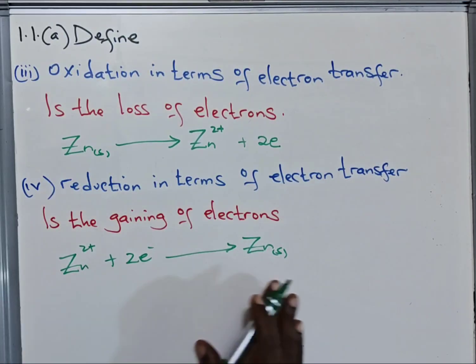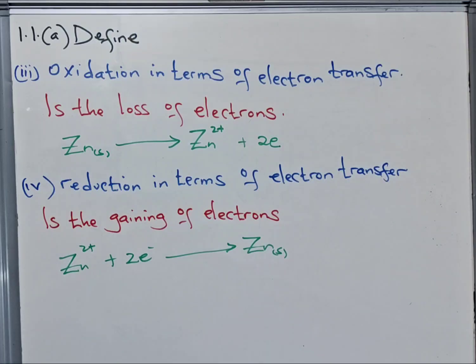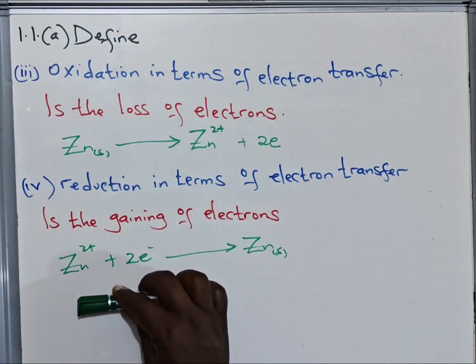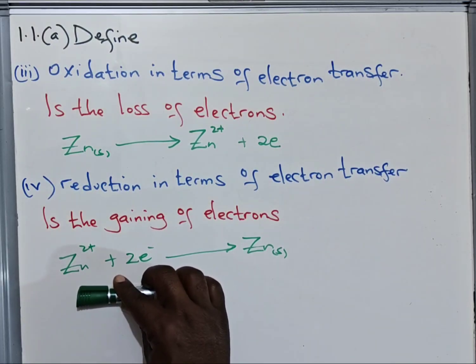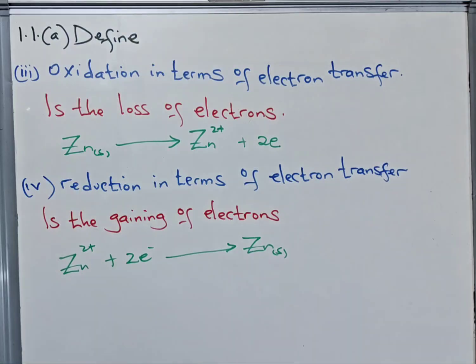So what we are observing here is a reduction in terms of electron transfer. We need to observe that electrons are gained if they are on the reactant side of the reaction or of the half reaction.